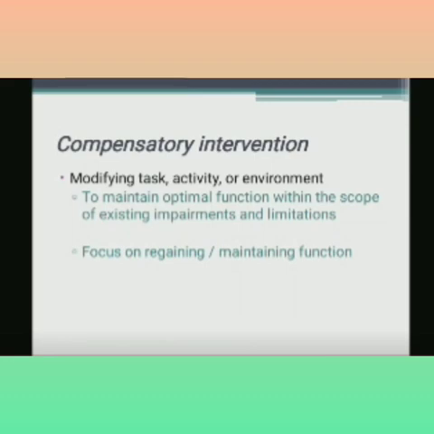You have to change it to bring the person at least near to the optimum functional quality, or where the person can perform the activities with some compensatory measures. So this can be focused on regaining or maintaining the function for that particular person affected by multiple sclerosis.